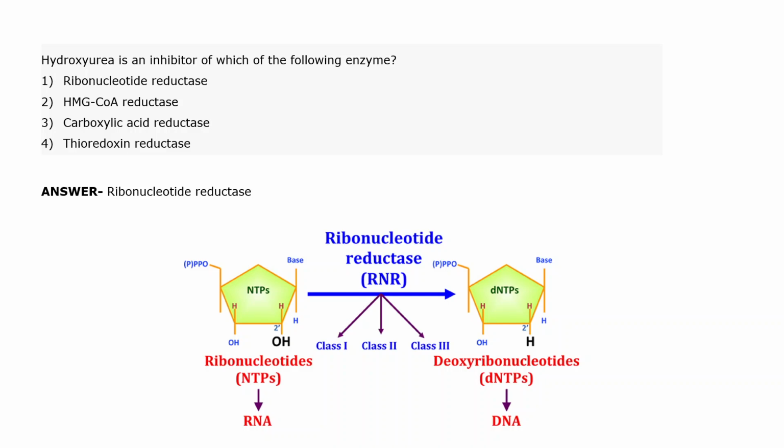The cell gets stuck at the start checkpoint, which is present at the late G1 phase. When the start checkpoint is crossed, the G1 phase transitions into S phase.